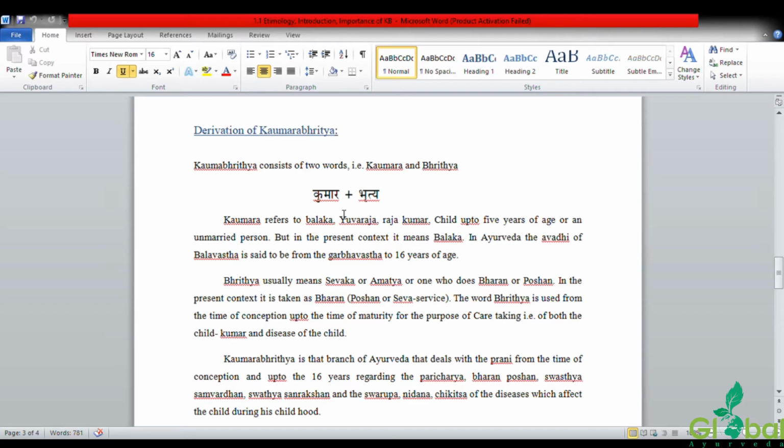Swasthya Samvardhana is increasing immunity and maintaining healthiness, swasthya sanrakshana, and the swarupa, nidana and chikitsa of the diseases which affect the child during childhood. What are the lakshanas we see in any disease? What are the nidanas for that disease? And what is the chikitsa of that disease affecting childhood? That is called Kaumarbhritya.